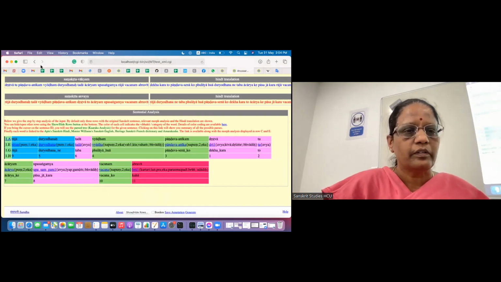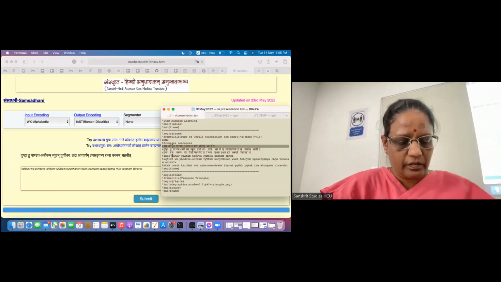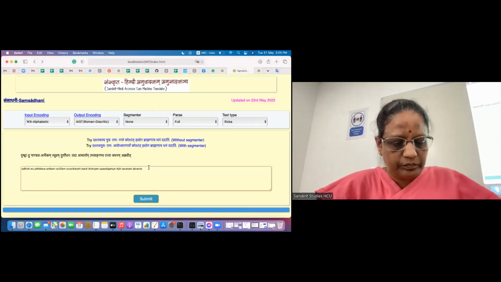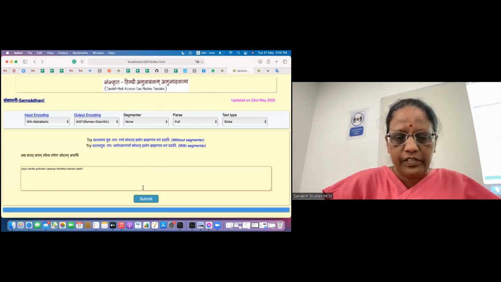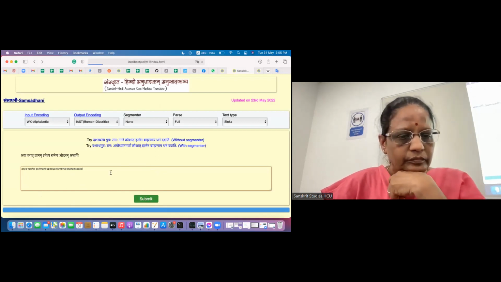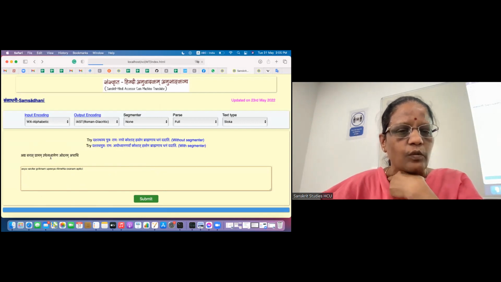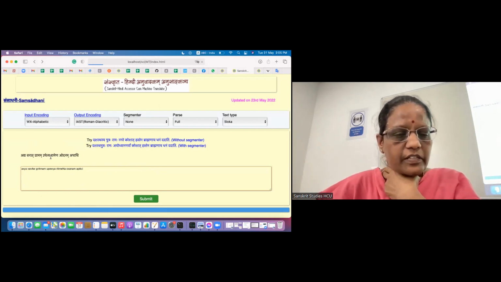Let me also try with another sentence. And if we give this to the system, then the machine will produce the parse structure, though we do not have the English translation as of now. We are still working on the Hindi translation of it.